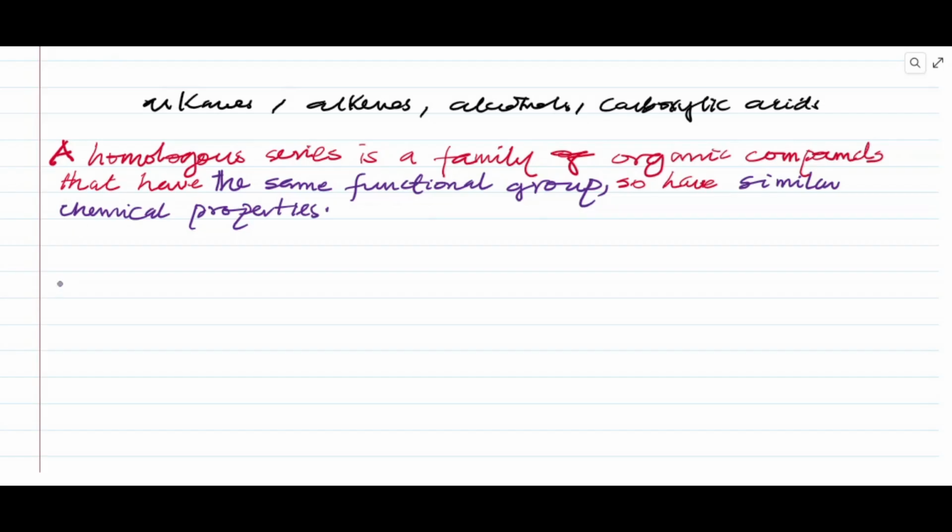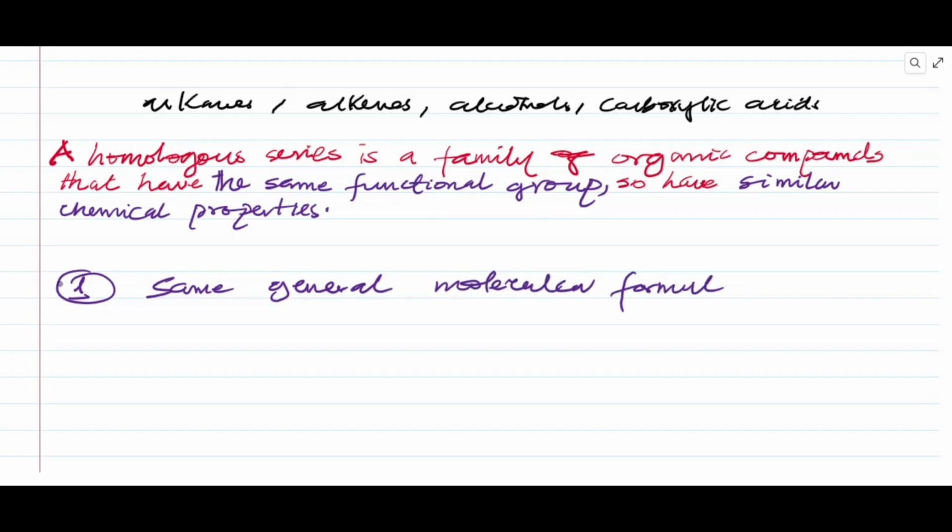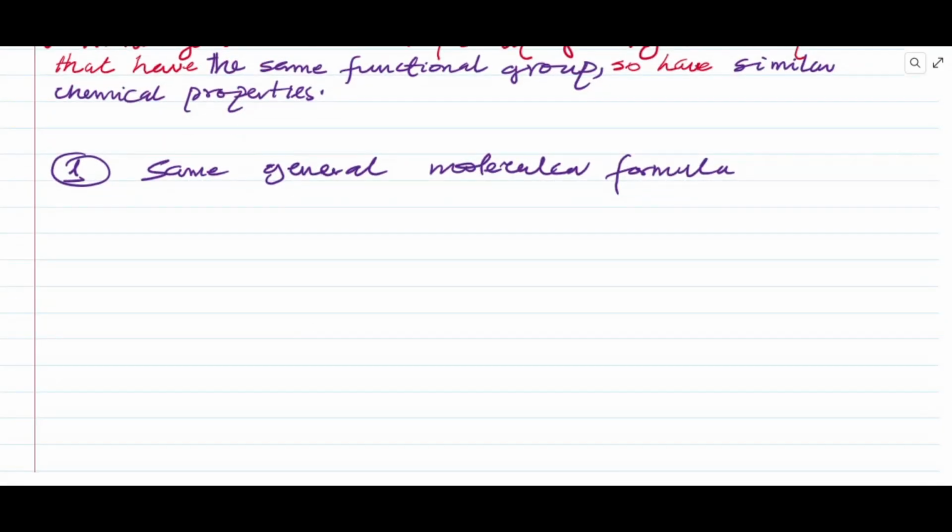They may ask you to state the properties of a homologous series. The first one is that they have the same general molecular formula. When we say general molecular formula, it means from a single molecular formula, you can derive each member of that homologous series.